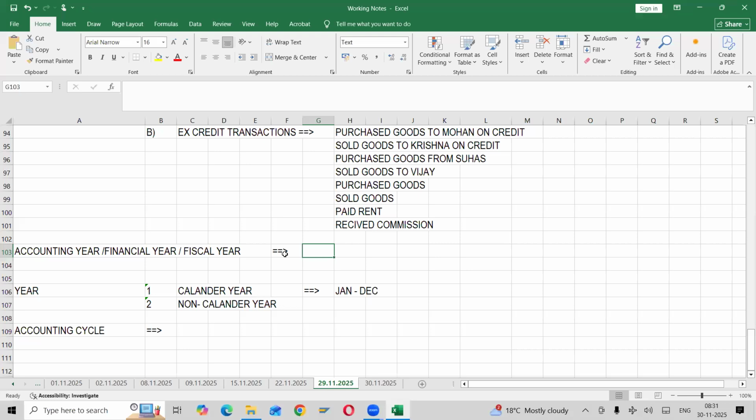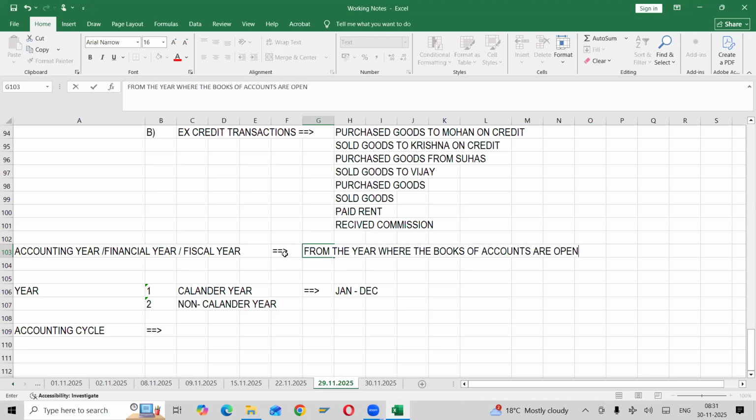The year where the books of accounts are opened and closed, that year we call the accounting year or financial year or fiscal year.